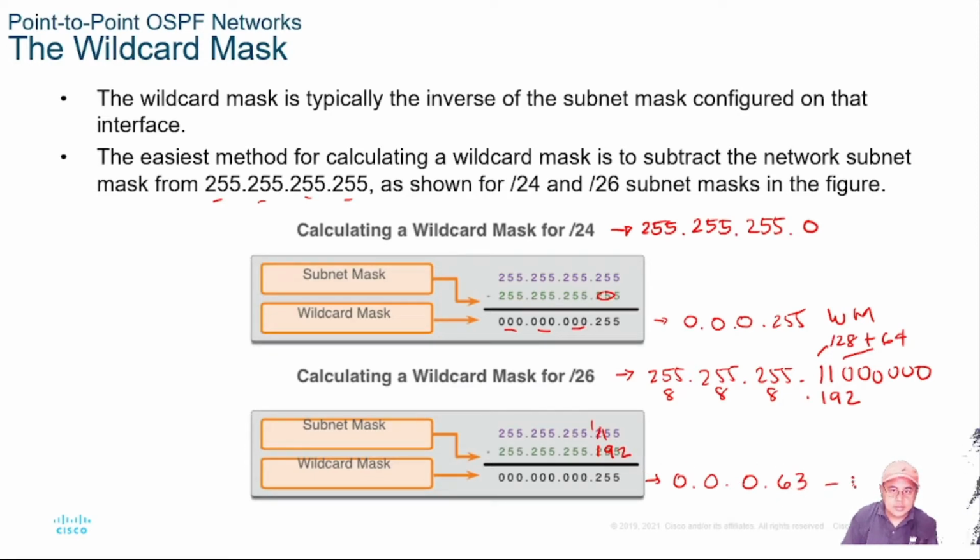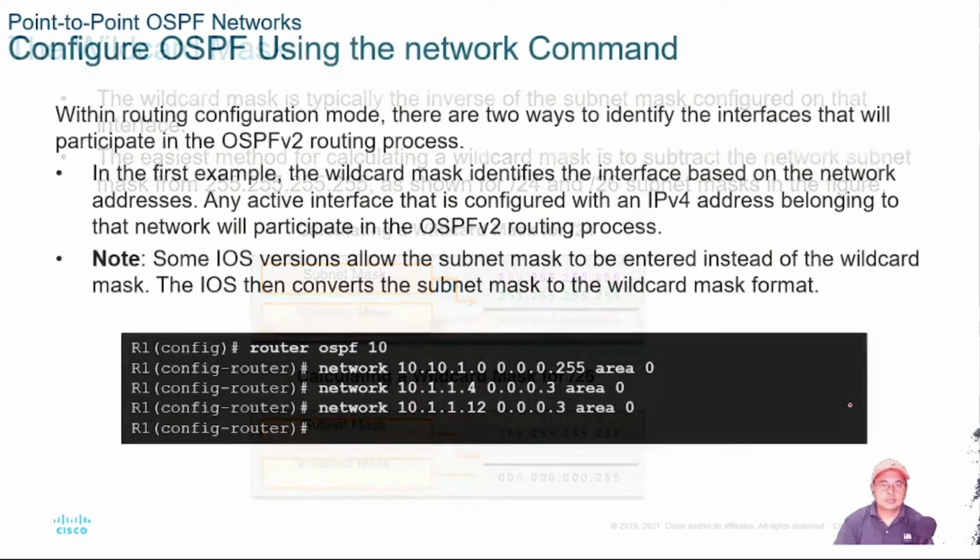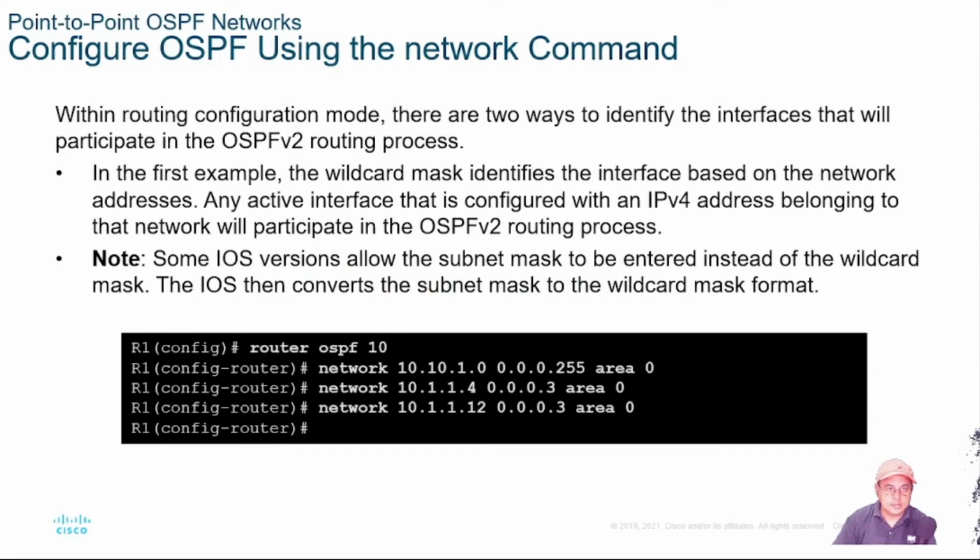This is the wildcard mask for the subnet mask 255.255.255.192. Okay, so this is the first command using the network command with the wildcard mask: the network address plus the wildcard mask, and then the area ID. This is it.